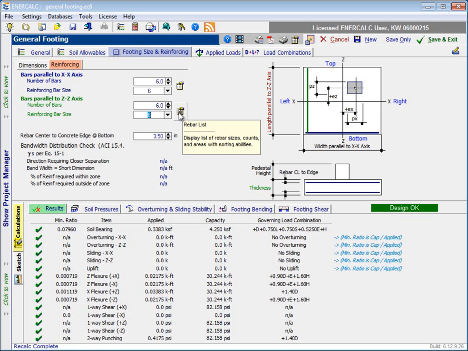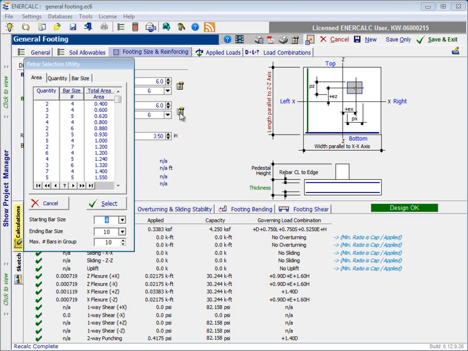I would also point out that there's a convenient rebar list here that this icon launches, where you can open up this little table that shows you the total area that's provided by some number of a certain size of bar. So this may be convenient for you to use if you're looking to achieve a certain area.